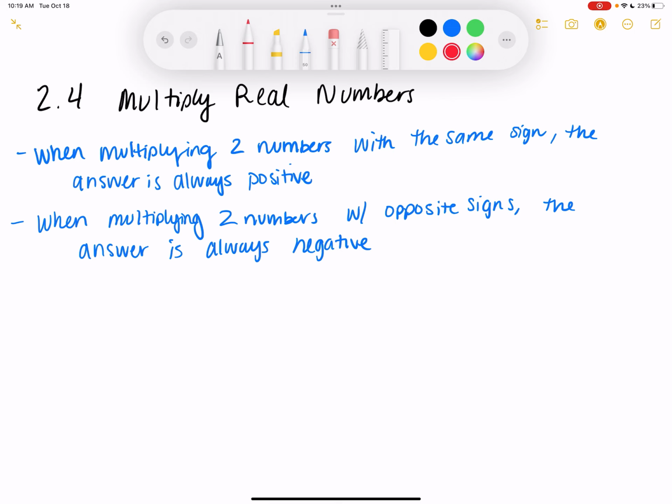So for the first one, if you had like 3 times 2, the answer is going to be positive 6. They were both positive. If you had negative 3 times negative 2, they are both negative, so when we multiply them, it's going to become positive. So it will still be positive 6.